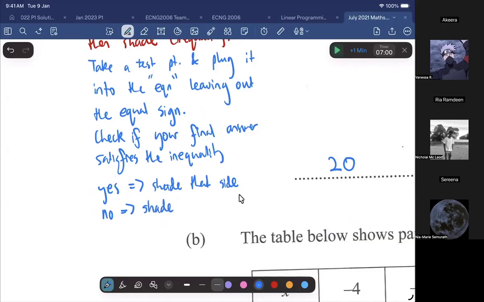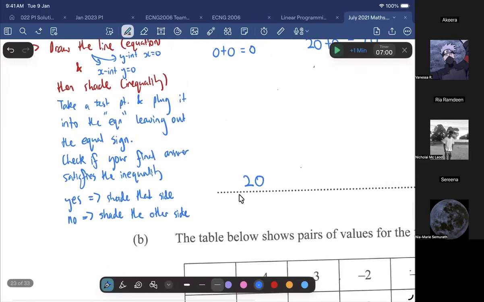We don't have time for all that. If you take a test point and it's not working, that means the other side is the answer. So if it's no, just shade the other side. You okay with that? Yes, sir.